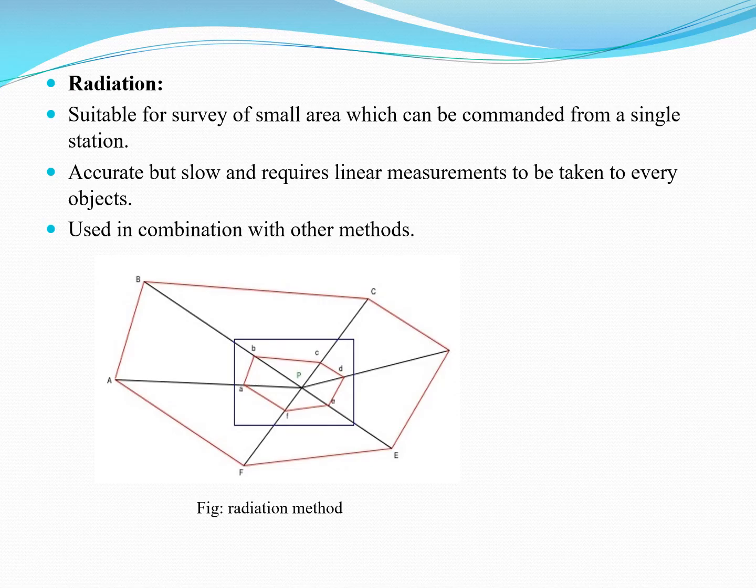Distances PA, PB, PC, PD, PE and PF are measured on the ground and plotted with a suitable scale. The obtained points are marked as small letters a, b, c, d, e and f, which represent the actual points on the ground.